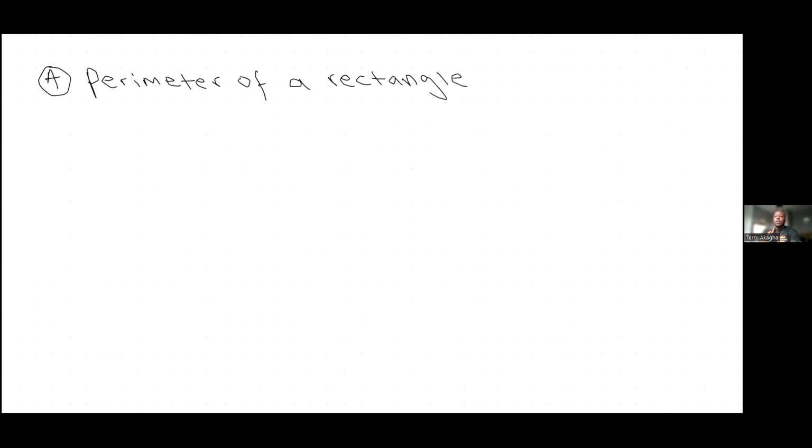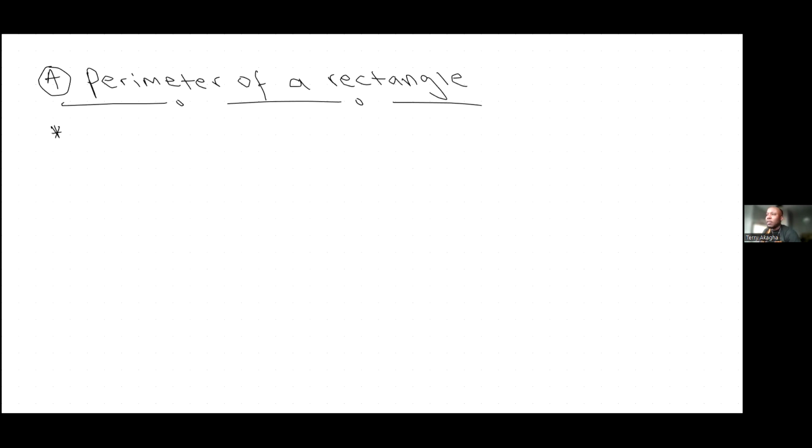Now, similarly, like I told you, the concept of a perimeter is the distance around the shape. So basically, in a rectangle, the same thing, the distance around the rectangle. So you find the perimeter of a rectangle by adding all the lengths of the four sides. So I'm going to write this down.